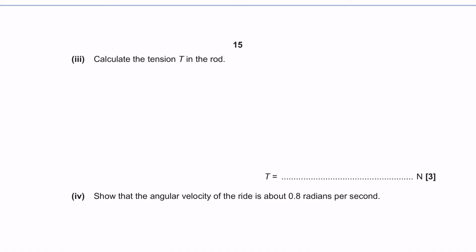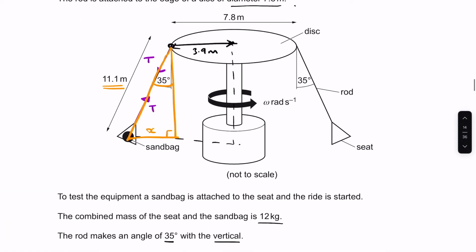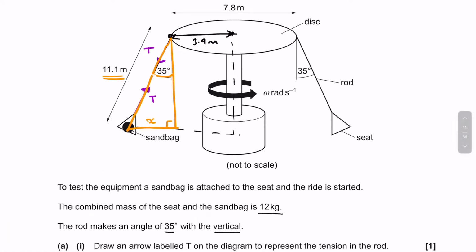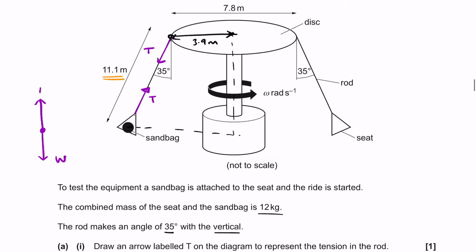Calculate the tension T in the rod. Okay, so for T, let's just resolve our forces. For the sandbag, we have a component of the tension that's acting up and the weight of the sandbag that's acting down. So the component of the tension acting up is T cos 35, as this angle is 35 degrees.